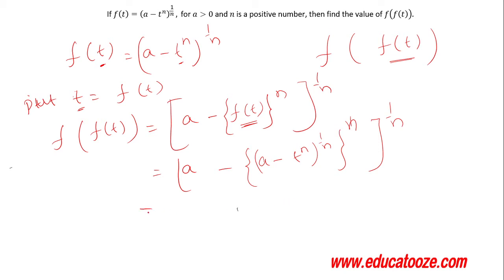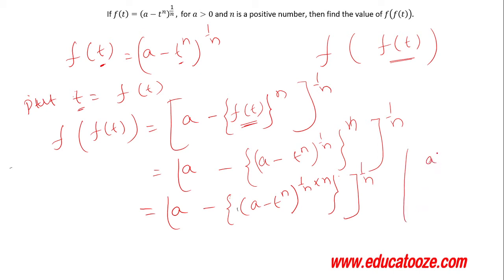Now see, we'll solve this. A minus (a minus t^n) power 1 by n into n, whole power 1 by n, because we know (a^m)^n is nothing but a^(mn).